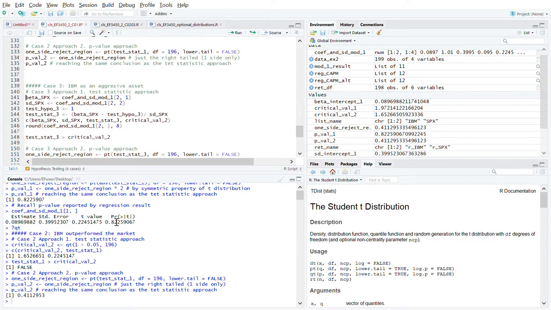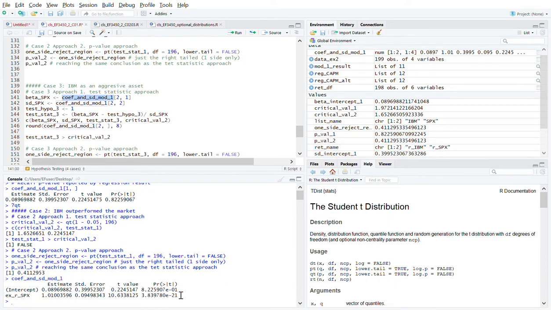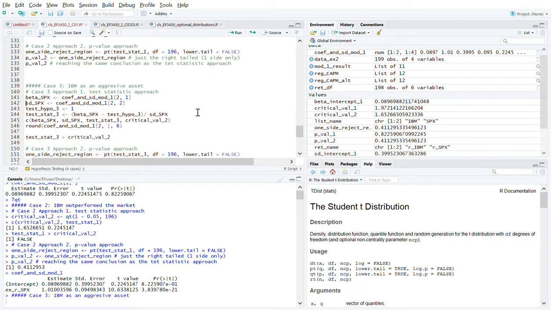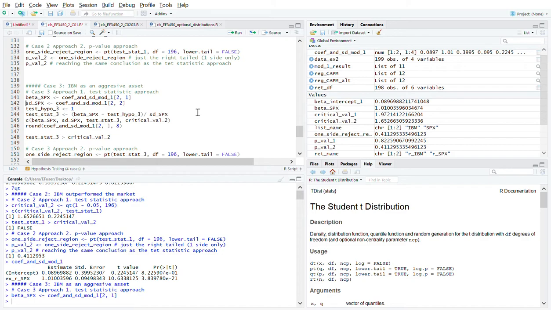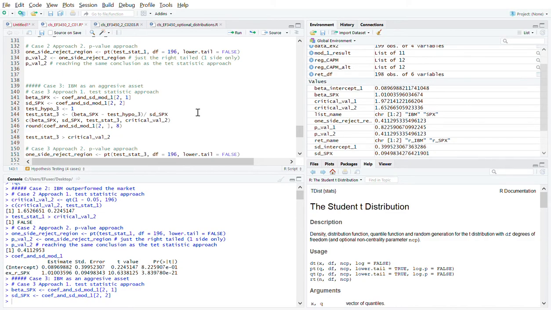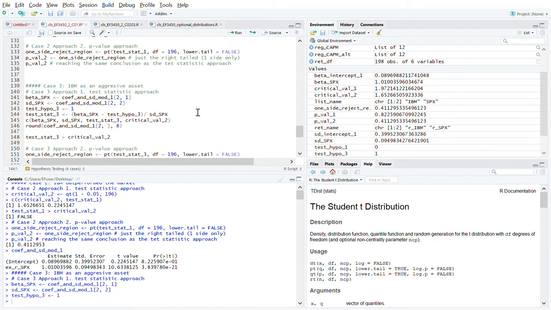Recall the coefficient regression result. This time we want beta 2, so it's the second row. We want the second row, first column as the coefficient estimate of SPX, and the standard error of SPX as the second row, second column, and the hypothesized value is 1 this time.